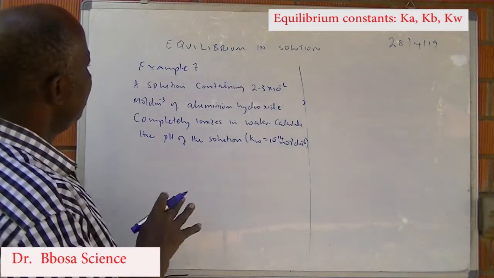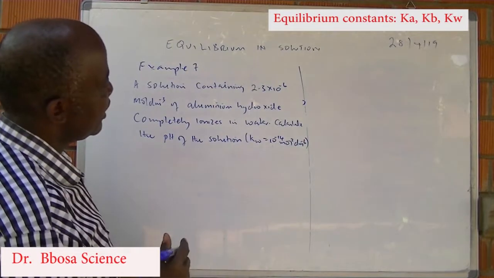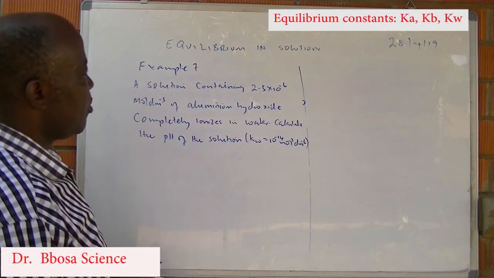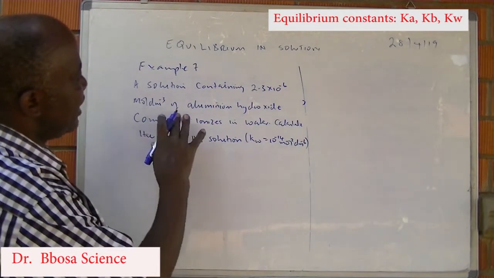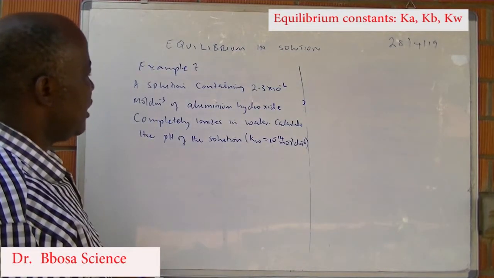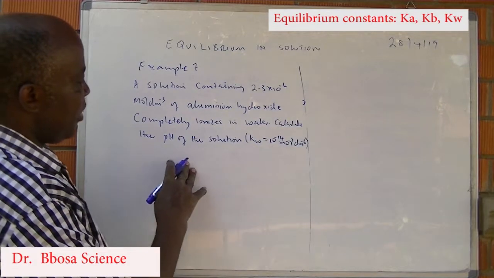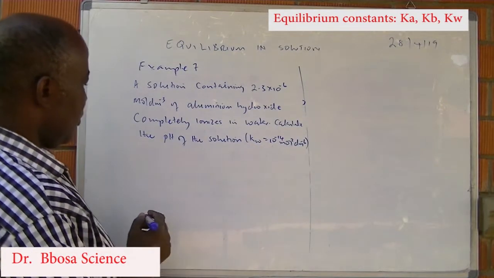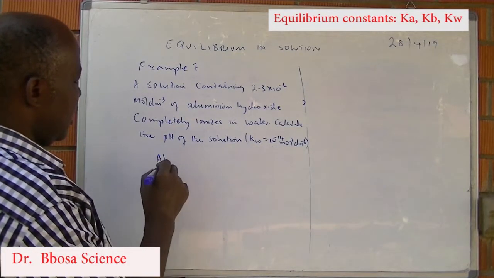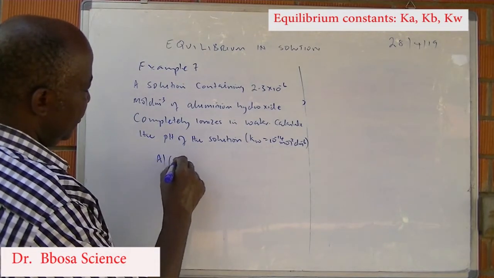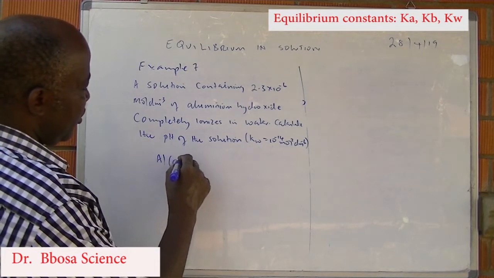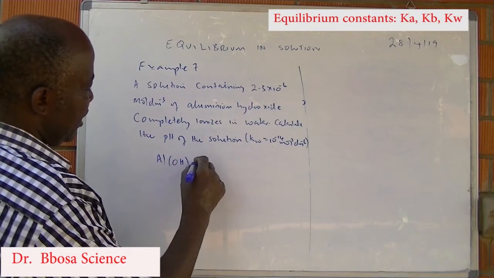Example 7. A solution containing 2.3 times 10 to the power negative 6 moles per decimeter cubed of aluminium hydroxide completely ionizes in water. Calculate the pH of the solution. First, write an equation for ionization of aluminium hydroxide.